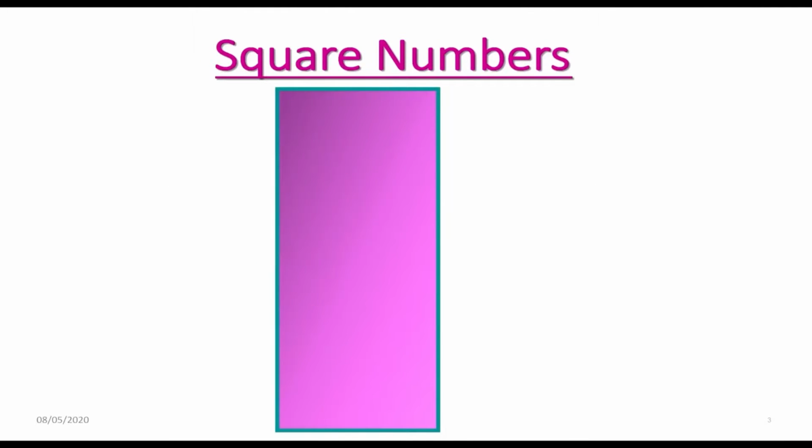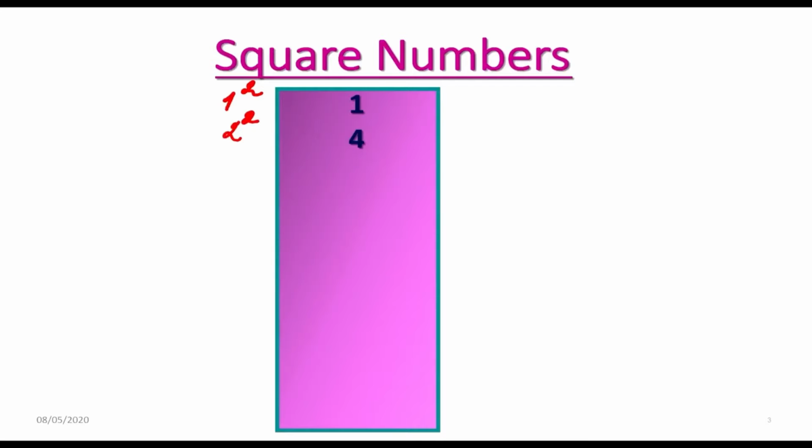Now, I'm going to come up with the first 10 square numbers. A square number is basically a number that has another number that, multiplied by itself, gives you back that number. The first square number is 1, since 1 squared equals 1.